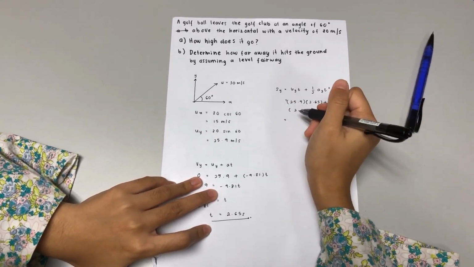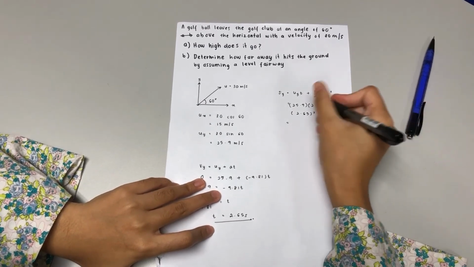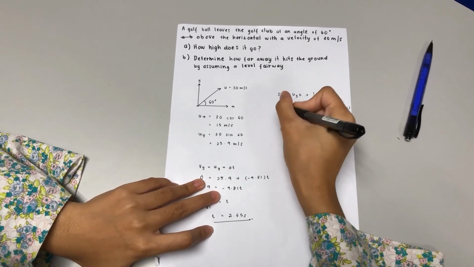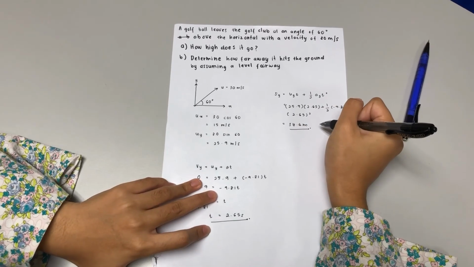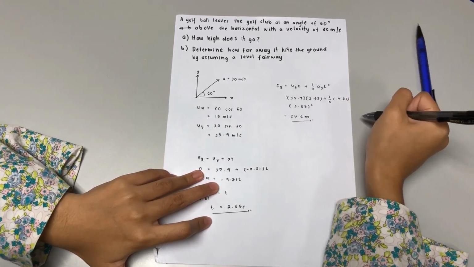So when we calculate in a calculator, we get 34.4 meters. This is the distance, how high the ball goes.